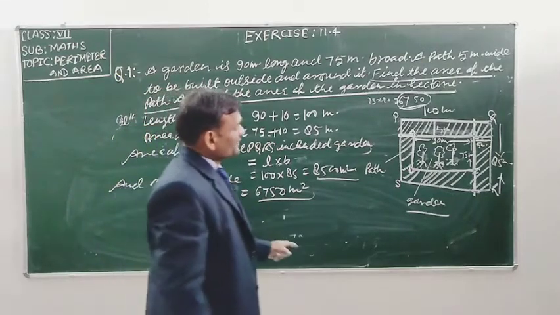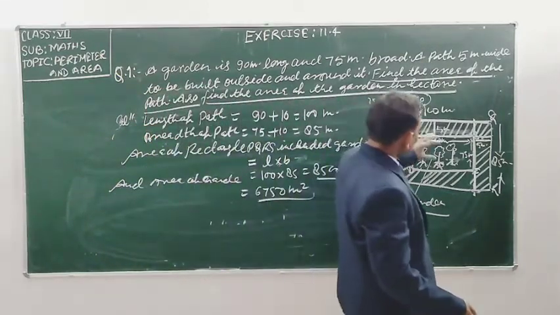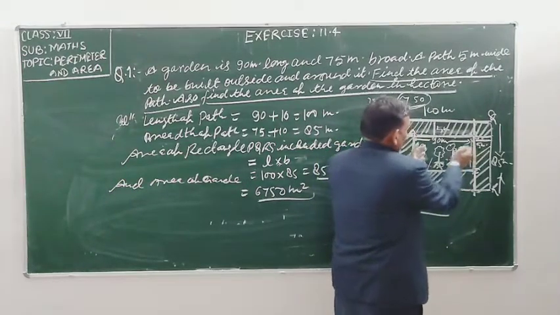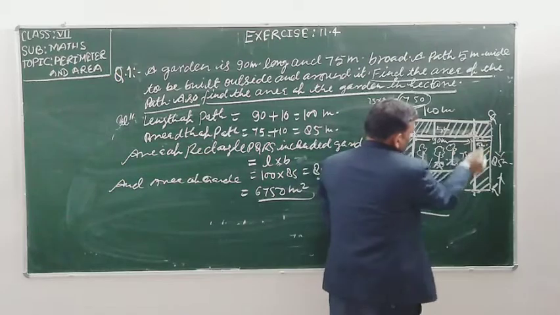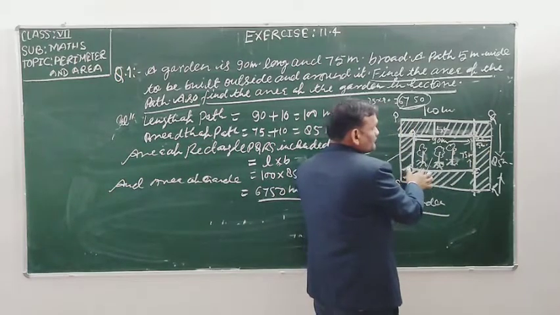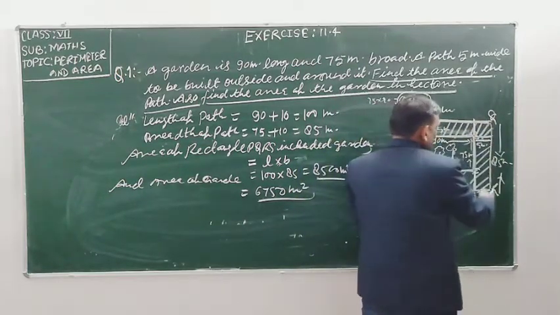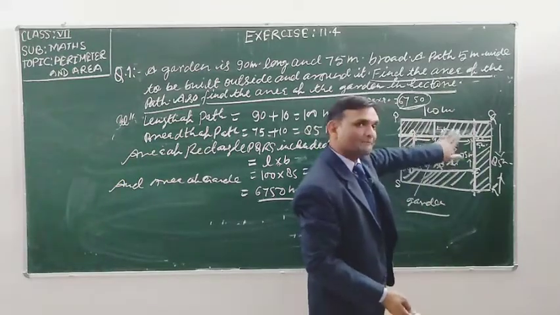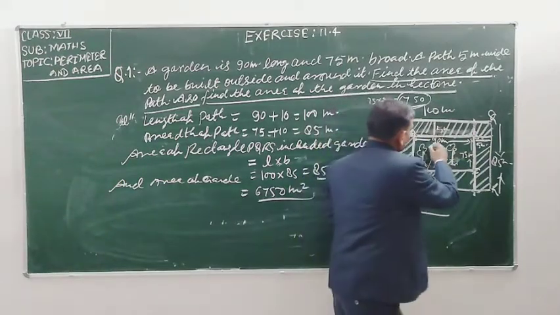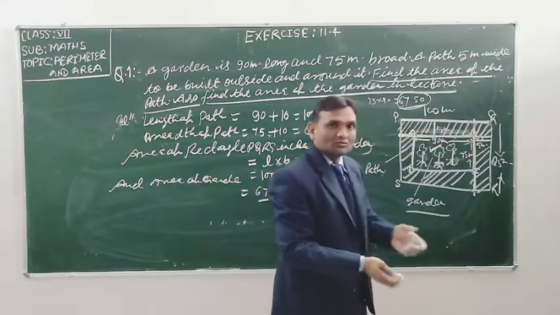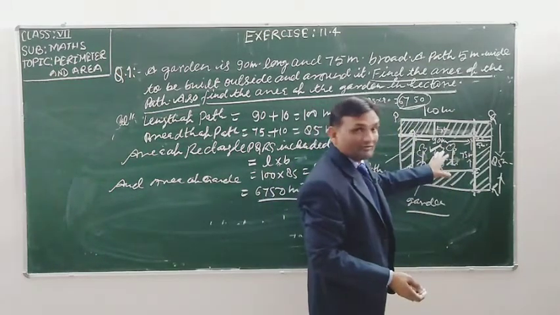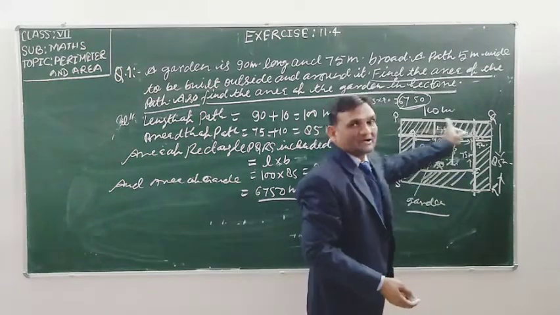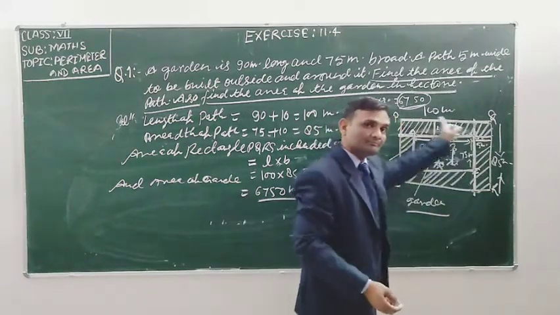So student, look here, if we subtract the area of the garden, area of the rectangle ABCD from the area of PQRS, अगर इस पूरे एरिया में से जिसमें गार्डन भी है, पाथ भी है, अगर मैं इस गार्डन के एरिया को सब्ट्रैक्ट कर दूं, सो इट मींस वी विल फाइंड द एरिया ऑफ द पाथ ओनली. किसका एरिया बचेगा, कौन सा पार्ट बचेगा, शेडेड पोर्शन बचेगा.